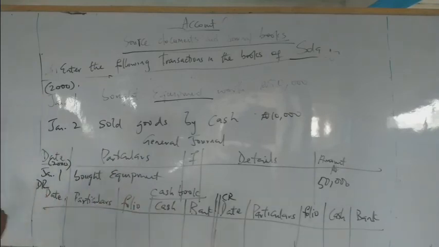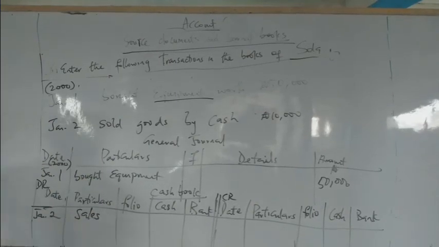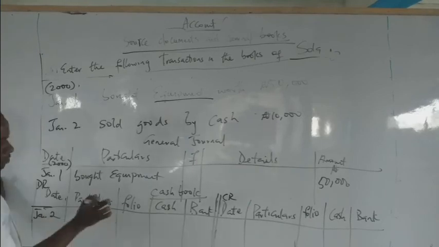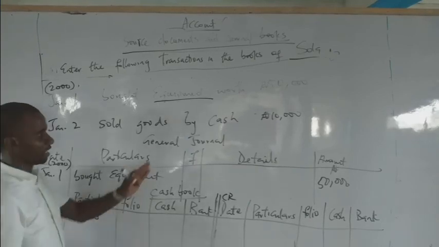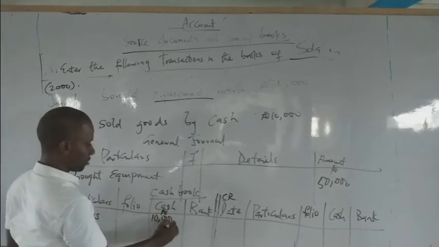It is coming in because the customer is going to pay you the money for the goods. We will now come under the date, January 2nd. Particulars, since it is sold, will come sales. Then under the folio, that is a reference column, we'll leave that. Then cash, how much? 10,000 naira.